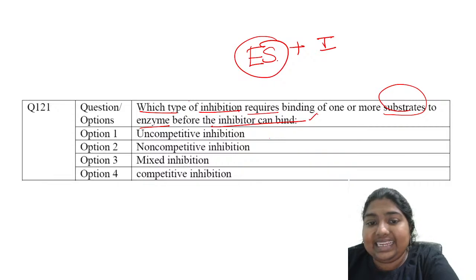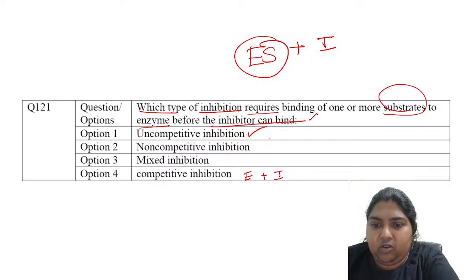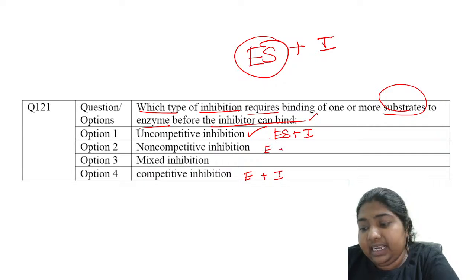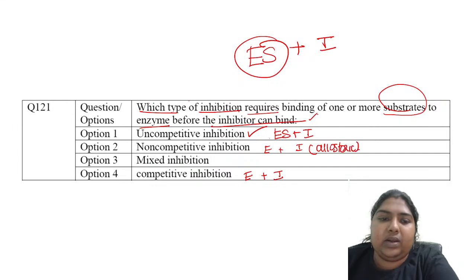Which one requires that ES complex? It is none other than uncompetitive inhibition. In competitive inhibition, it is E plus I. In uncompetitive inhibition, it is only ES plus I. In non-competitive, the inhibitor binds the allosteric site on E, so it is not applicable. Only uncompetitive mandatorily requires it.